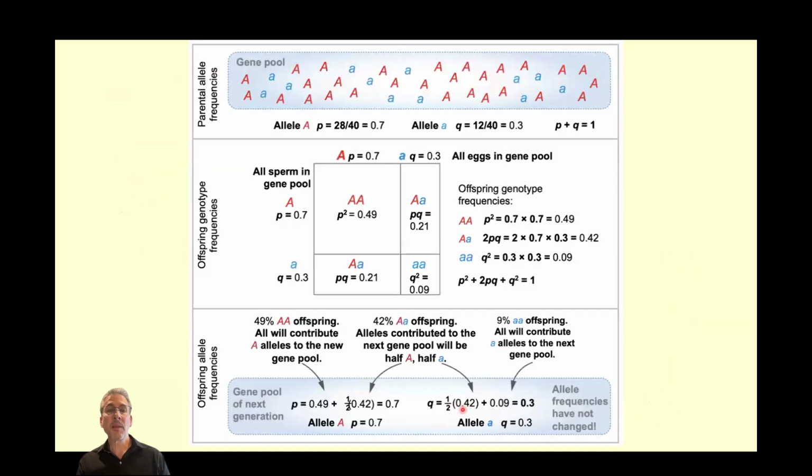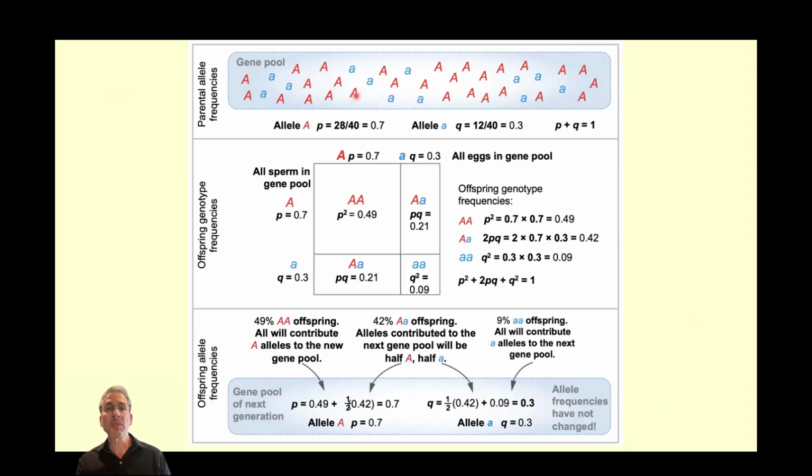I have this image up on the screen. Feel free to pause the video at any point if you'd like to walk through the logic here. What this is illustrating is the logic behind Hardy-Weinberg equilibrium. Let's imagine a hypothetical population of 20 individuals, and let's say they're diploids. So each individual has two alleles of this A gene, could be dominant, could be recessive.